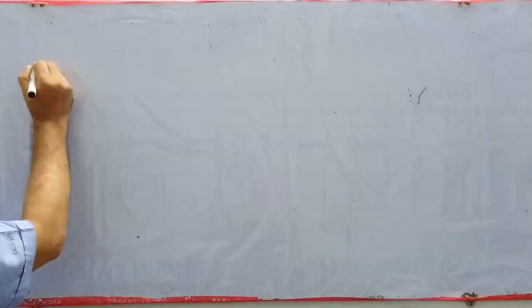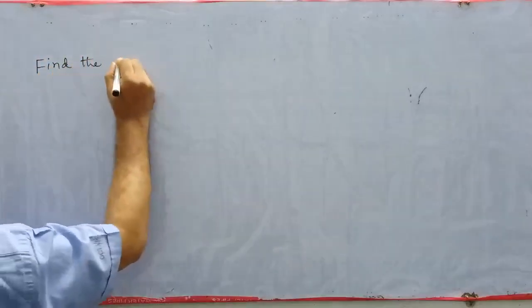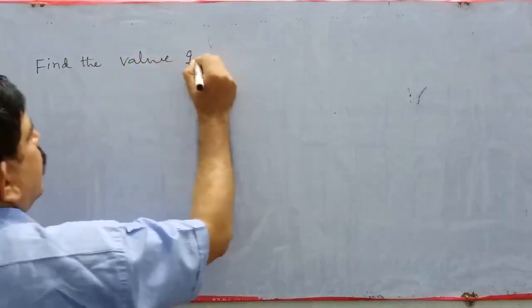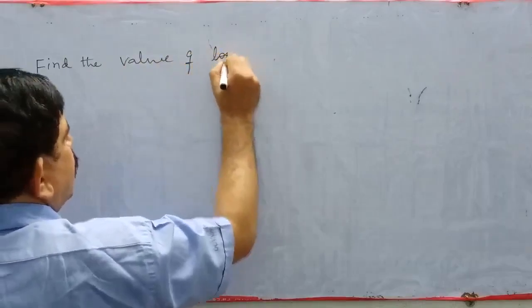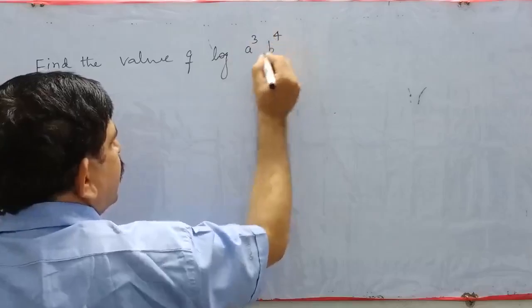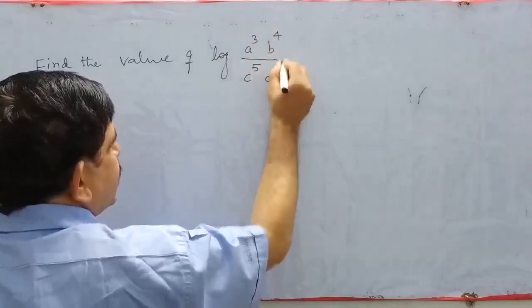Next one, find the value of log a cube b to the power of 4 by c to the power of 5 d to the power of 6.